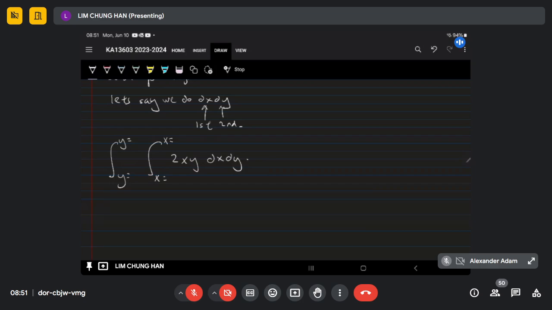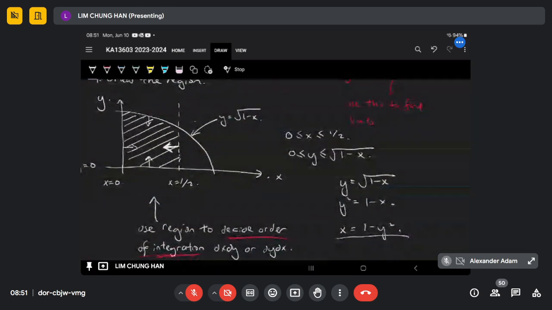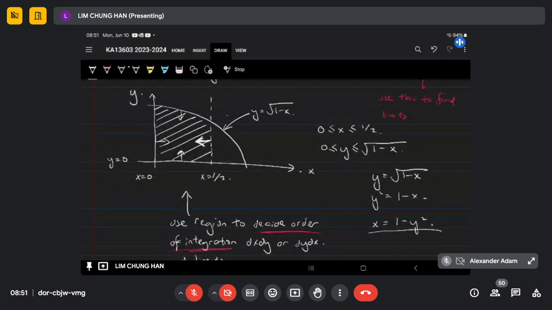So I want to do x first. That means I draw the x line first. Now I'm going to draw my dx line, like what I did in the first example. You pay attention to what's happening. You're going to notice something very funny.